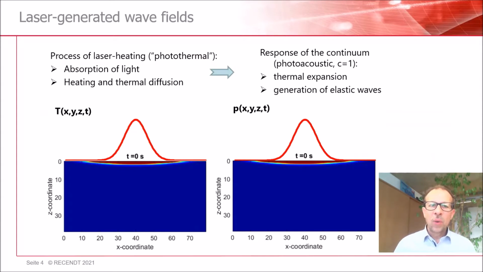In the beginning, we compare the temperature field and the pressure field when we heat an aluminum block with a Gaussian laser. First, the light is absorbed at the surface and the temperature field evolves by diffusion of the heat. Then we get by thermal expansion an elastic wave, a photoacoustic elastic wave, which can also be shown here.